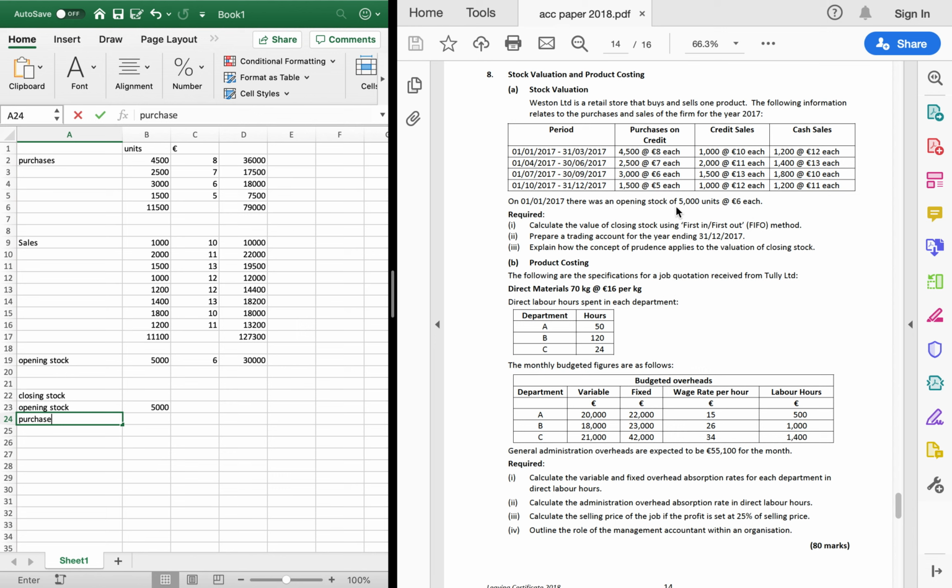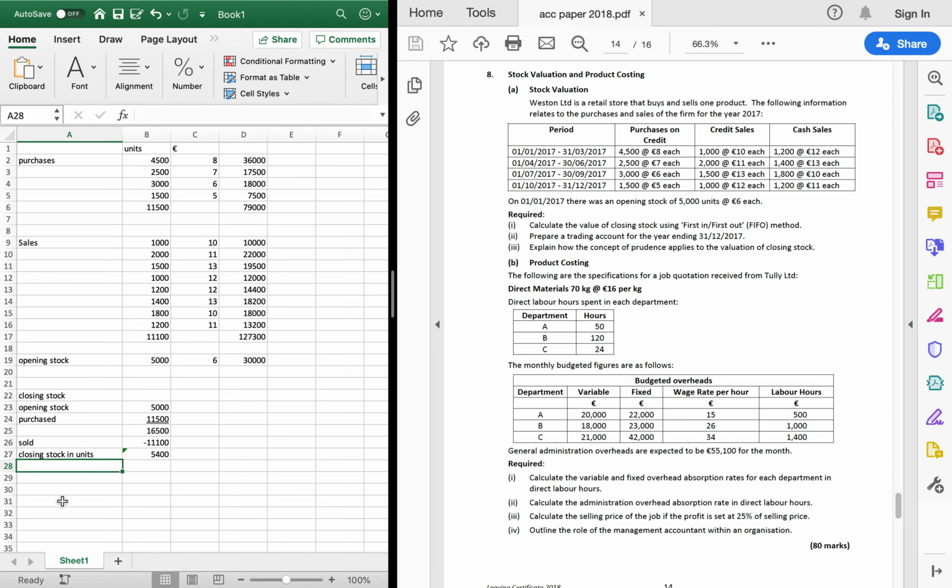You purchased another 11,500. So that gave you 16,500 available for sale, of which you sold 11,100. So your sales are 11,100. That'll give you 5,400. So that's your closing stock in units.